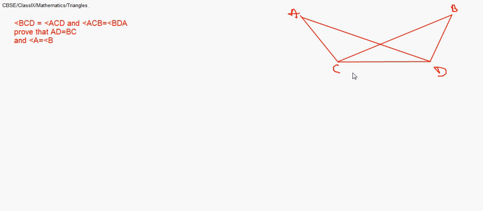So in that case we have to prove, if I take these two triangles, ADC and BCD, CD remains common. So I need one more angle to be equal, because BCD, that's given.